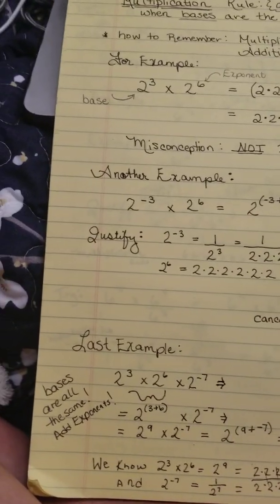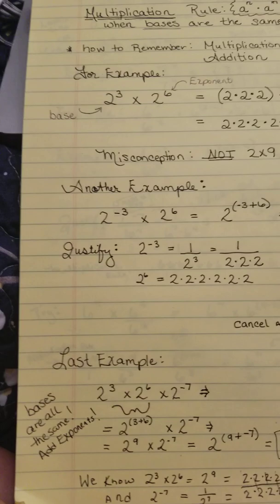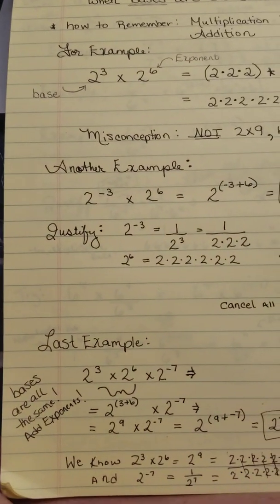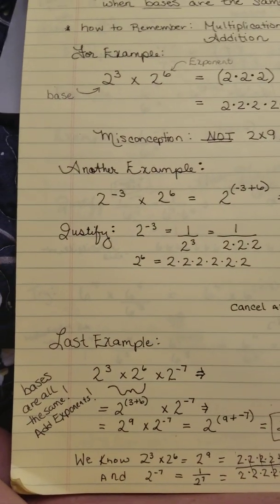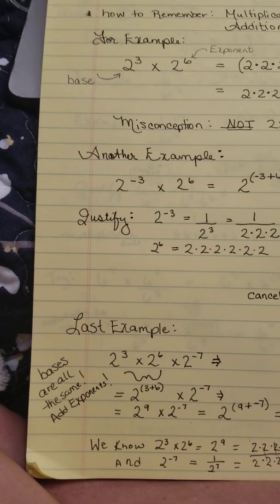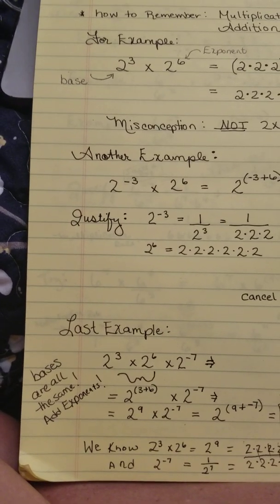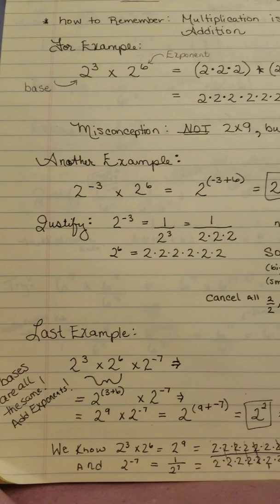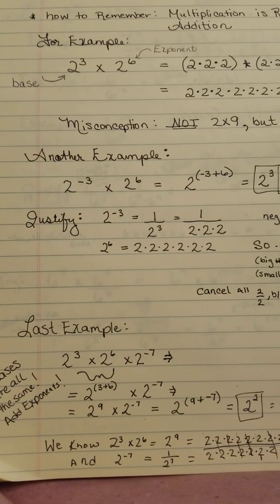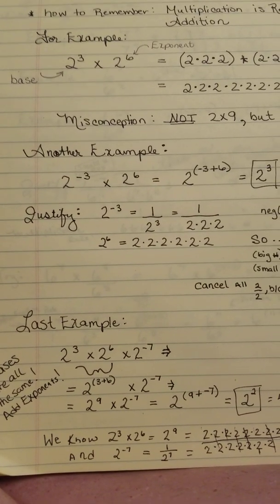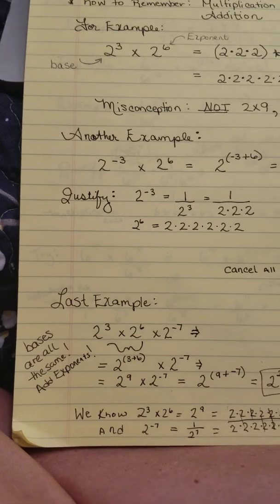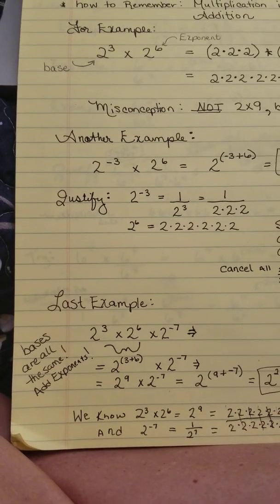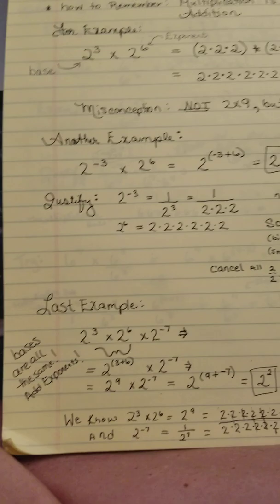Now, we're going to justify this. 2 to the negative 3. Anything to a negative power is a very, very small number. So that is equivalent to 1 divided by 2 to the third, which equals 1 over 2 times 2 times 2. 2 to the 6 is a very large number, so it's 2 times 2 times 2 times 2 times 2 times 2.